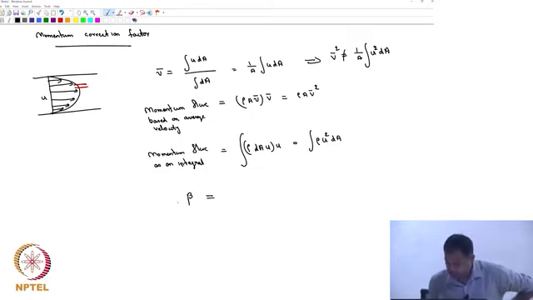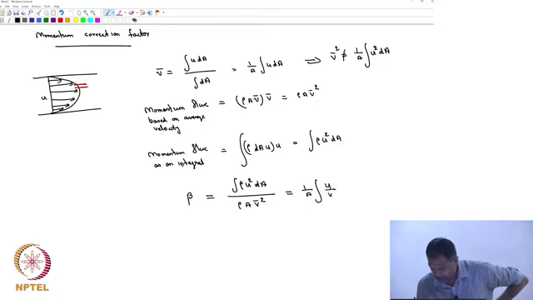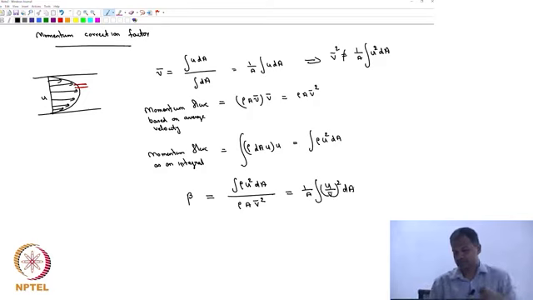Beta is the ratio of the integral of rho u square dA divided by rho A v bar square, which is simply 1 by A times the integral of (u by v bar) whole square dA. This is called the momentum correction factor.